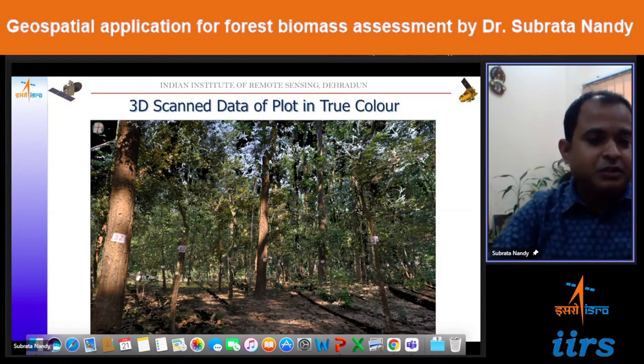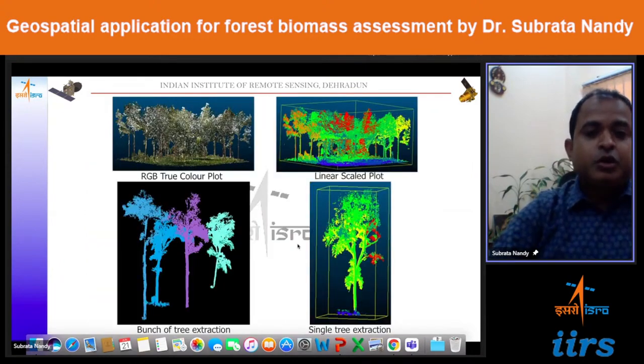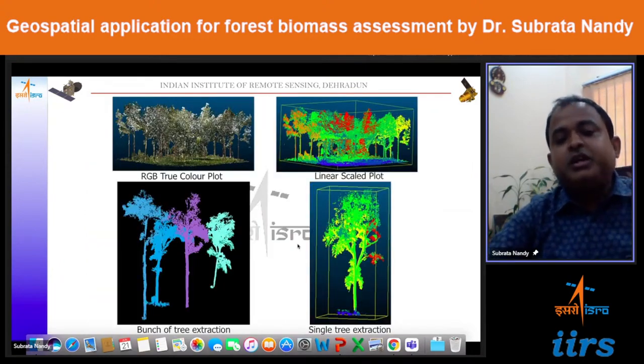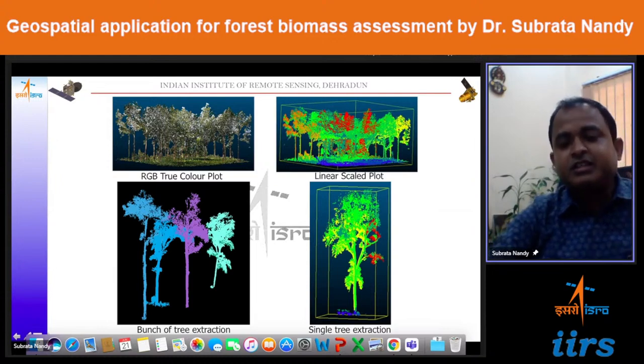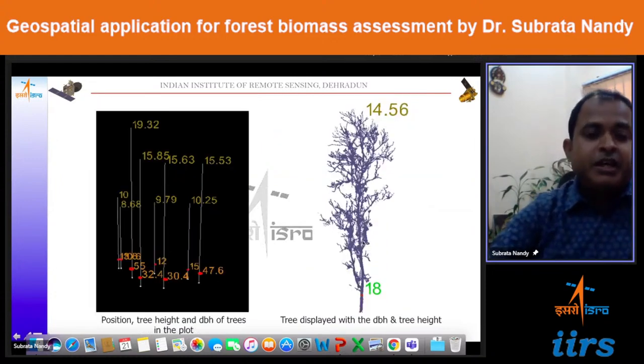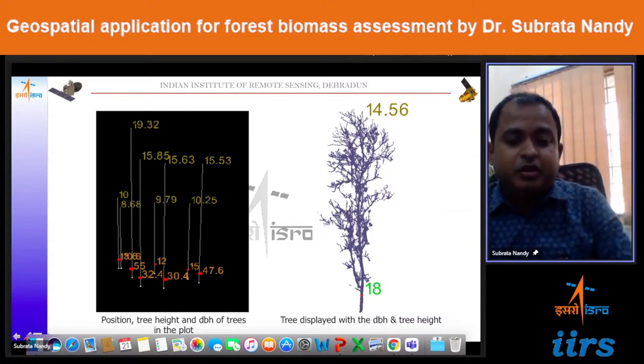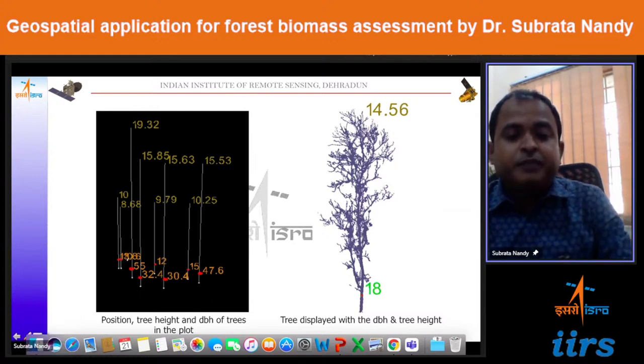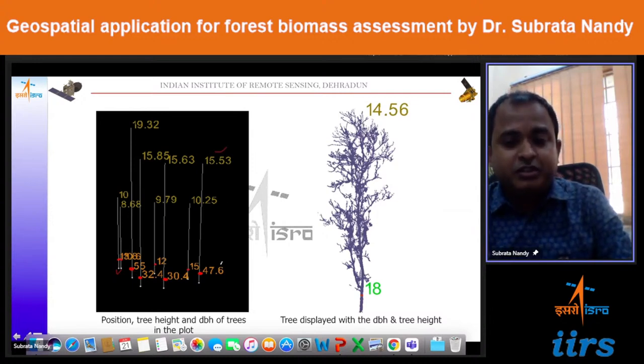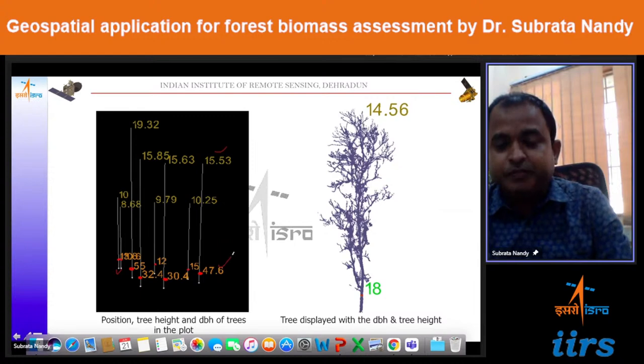Now, what are the parameters that you can derive from this? Here, at the plot level, we distinguish different trees, and single trees were extracted out. You can also remove everything from the ground and the surface, and these white dots are the positions of the trees. You get the height of the trees in meters and the diameter in centimeters.